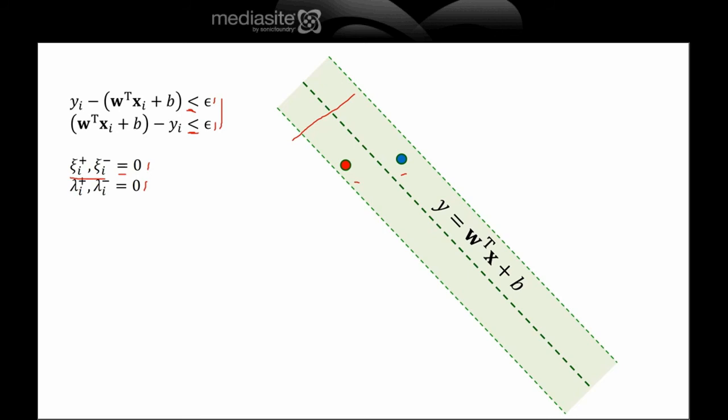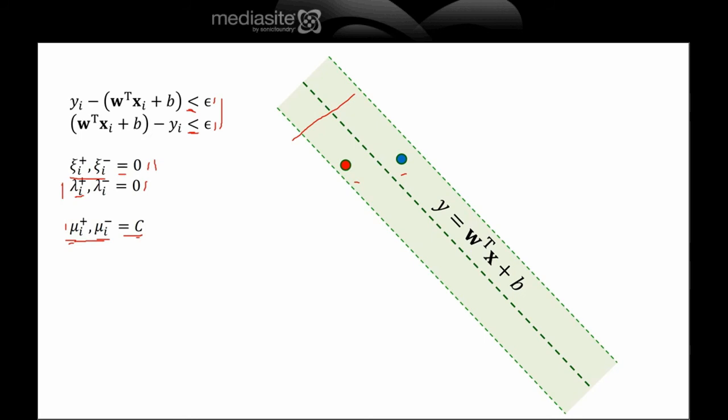But since they are exactly equal to 0, these constraints are active now. Hence, mu I plus and mu I minus are strictly greater than 0. But since mu I plus and lambda I plus, these 2 quantities add up to C, I can infer that mu I plus is equal to C. Likewise, mu I minus is also equal to C.